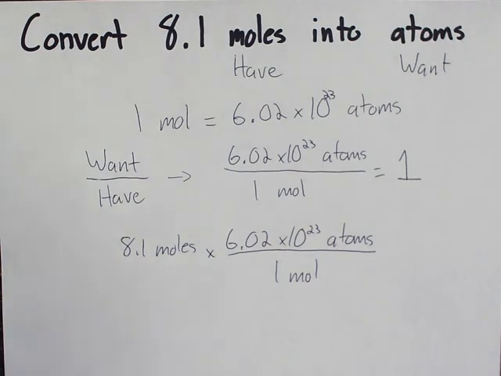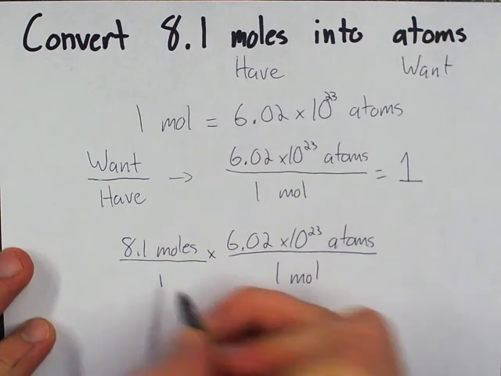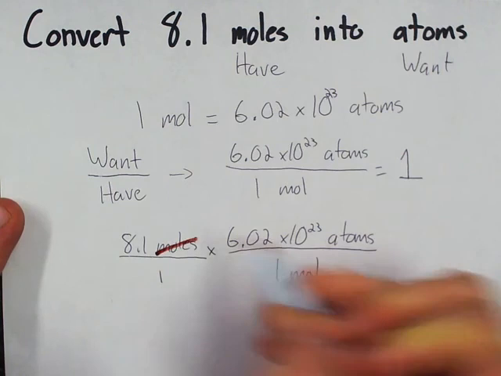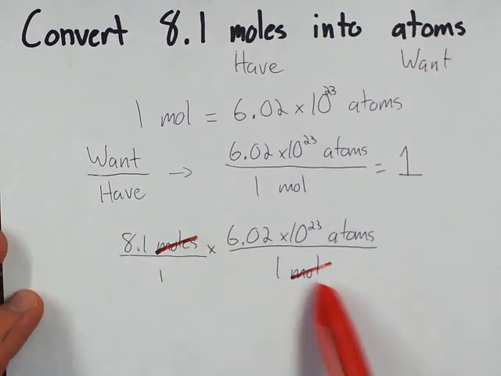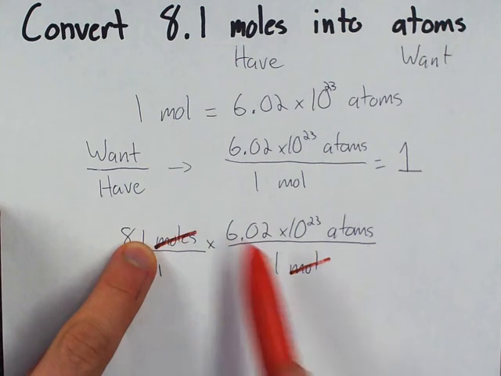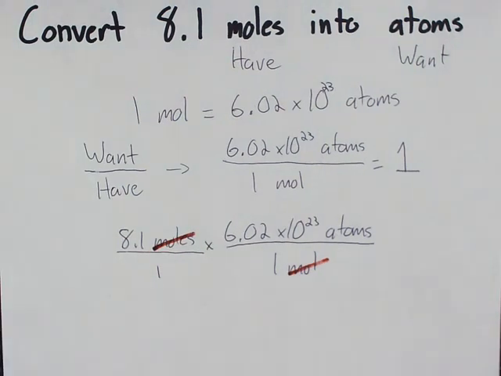We can say, or what we can do is, because we've got moles on top, and I'll draw it over 1. We can put anything over 1. It does not change the value of it. We've got moles on top, and we've got moles on bottom. We can cancel them out. Because we have a unit on top and a unit on bottom, we can take 1 off the top and 1 off the bottom. That's got to be done in pairs. You can't just take 1 off the top without taking 1 off the bottom, and vice versa.